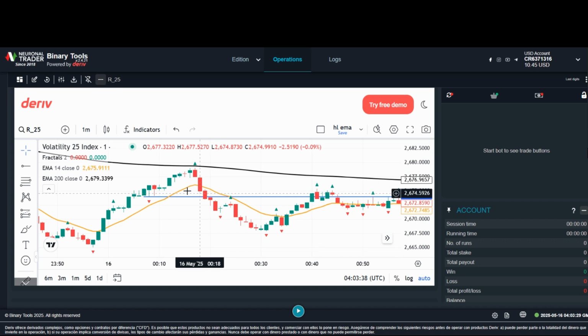You will take your entry when you see the candles already cross this moving average 14. But most importantly, the candle must already cross and black out completely, the body black like this. You can see, not the wick, the body must cross below the line of the factor, so it must black out the area of the factor, like you can see here.